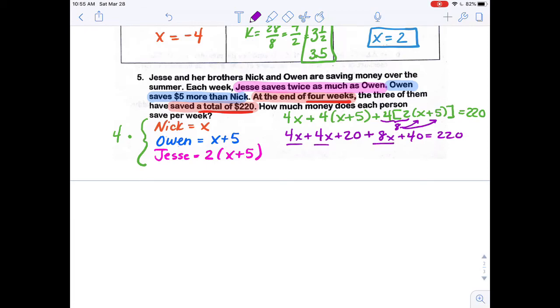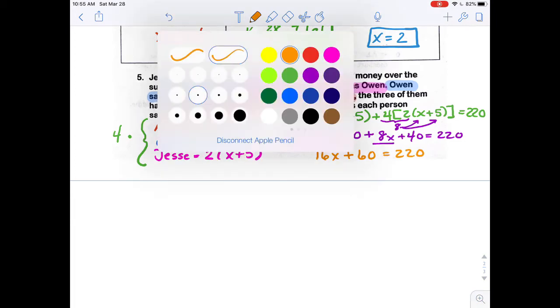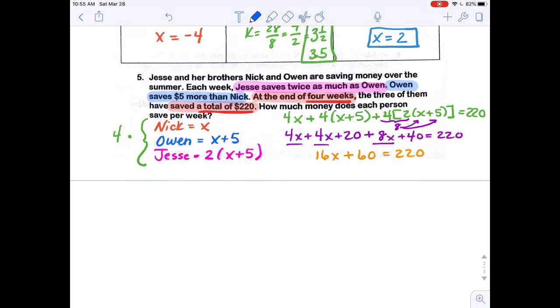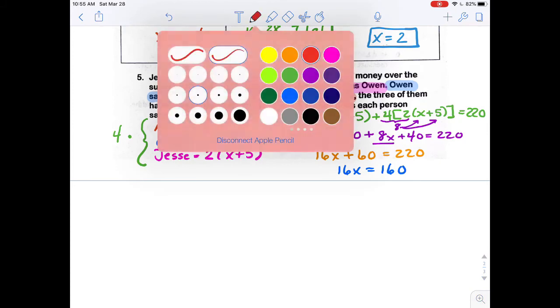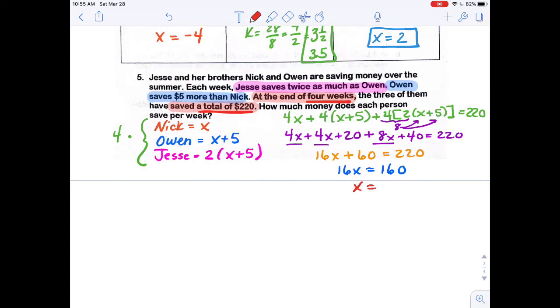Combine your like terms, and when you do that, you should come up with 16x plus 60 equals 220. Isolate your variable by doing the inverse operation on both sides. And last but not least, dividing, and you get 10.